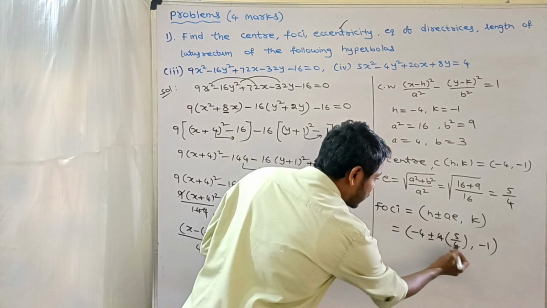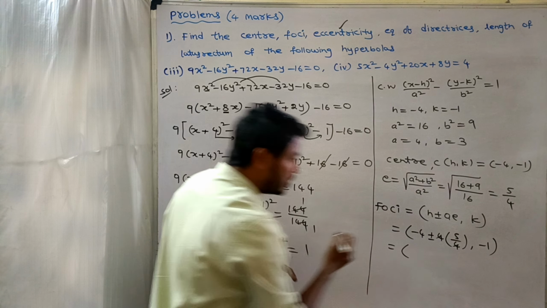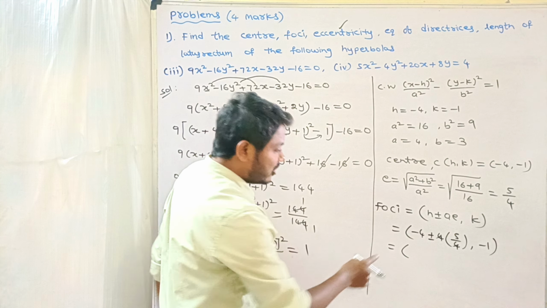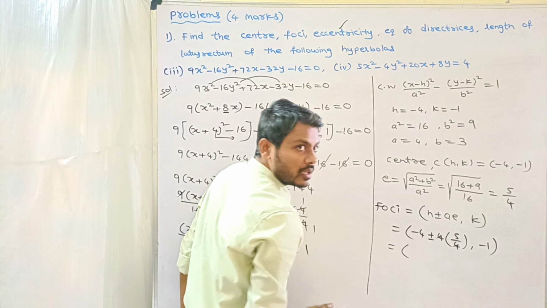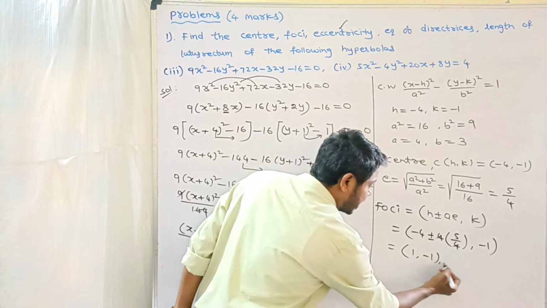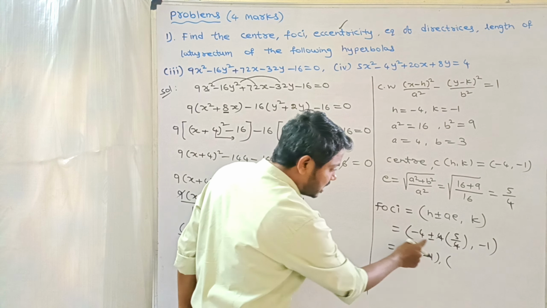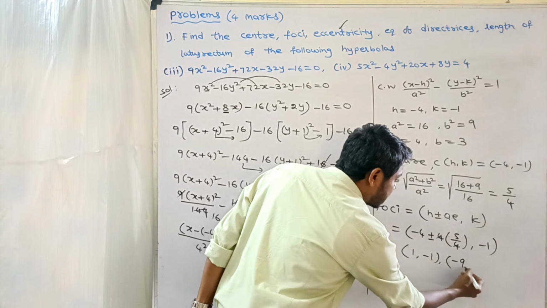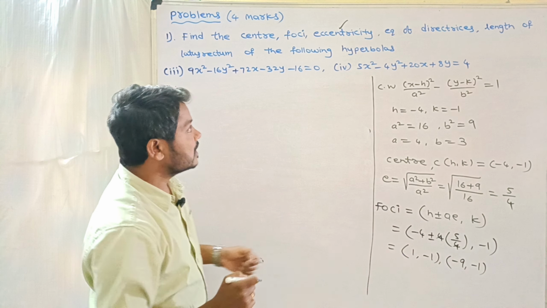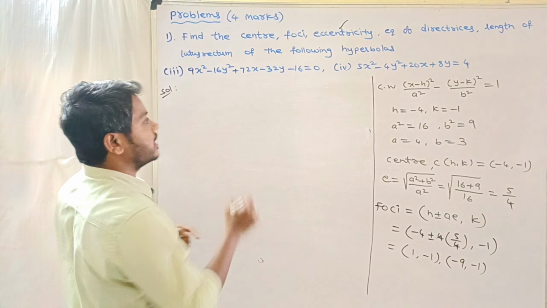So clearly the 4 gets cancelled. We have two possibilities, one is plus and the second one is minus. First, minus 4 plus 5 gives (1, minus 1). Next you can take negative: minus 4 minus 5 gives (minus 9, minus 1). So these are the foci.